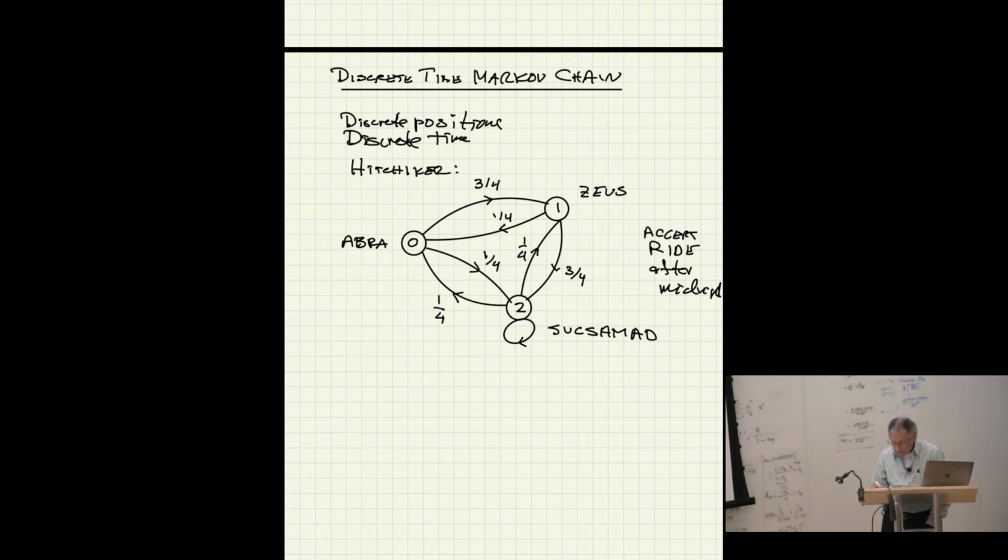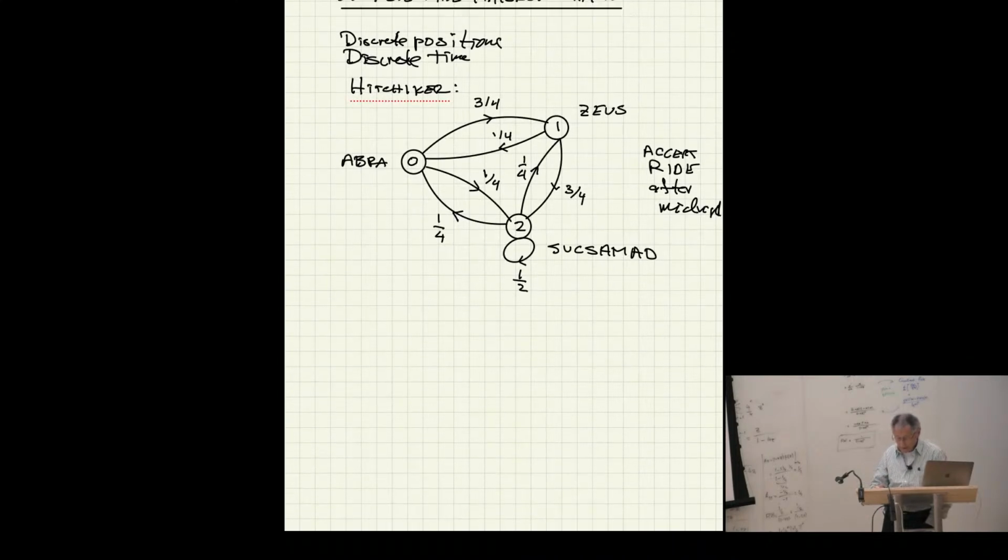And half the time, he ends up back in 2 again. So this is an example of a discrete time Markov chain. The amount of time he spends could be geometric, as you will. It comes out of this.